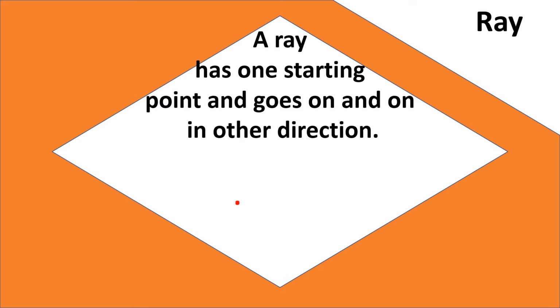For example, this is a point from where a ray starts. This point is O, and here is another point which is on the ray. That is not an endpoint. It is point A, and we read it as ray OA and write it like this.